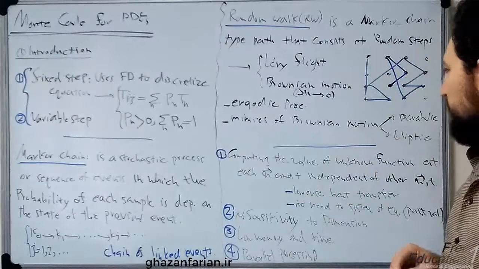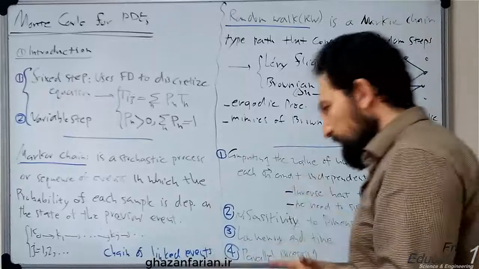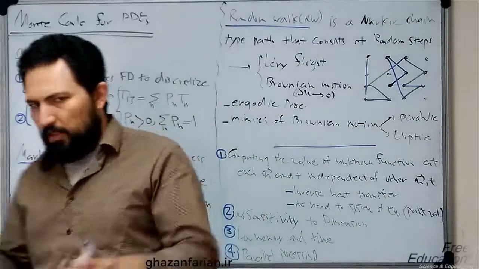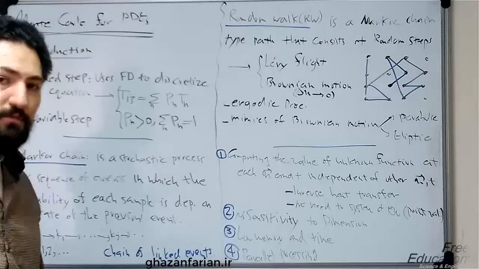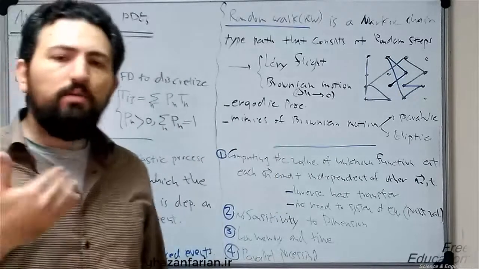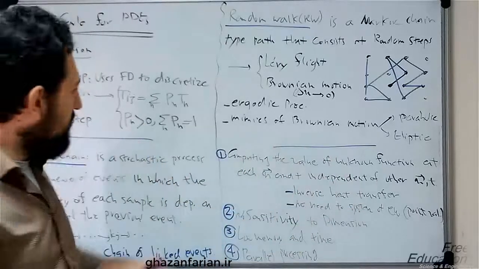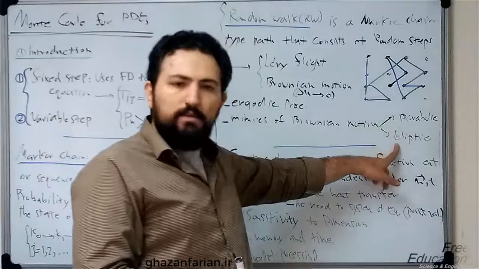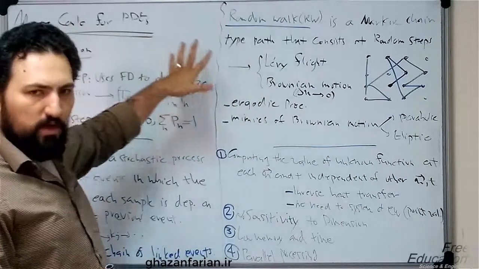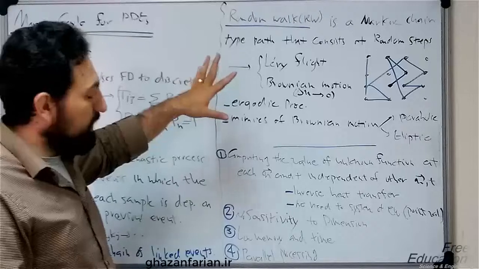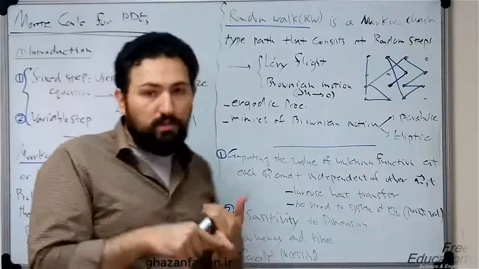The other point here is that the Brownian motion is the dominant process in diffusion problems, diffusion of heat, mass, or momentum. And you know that the partial differential equations resulting from the diffusion of different processes are parabolic or elliptic. So this kind of Monte Carlo solution for a partial differential equation can be used for the solution of parabolic and elliptic equations.